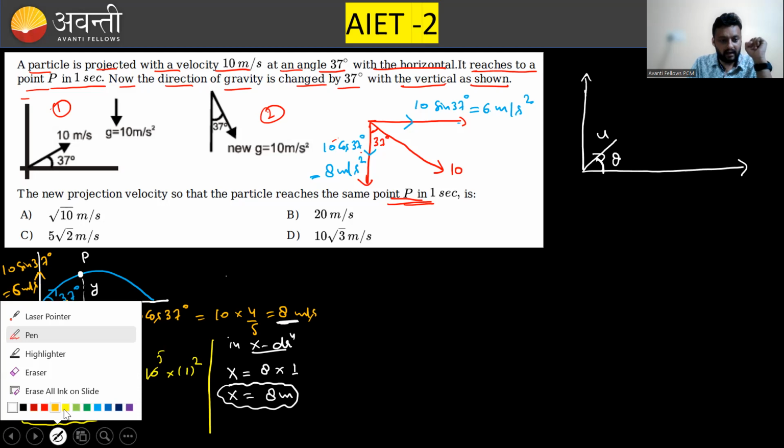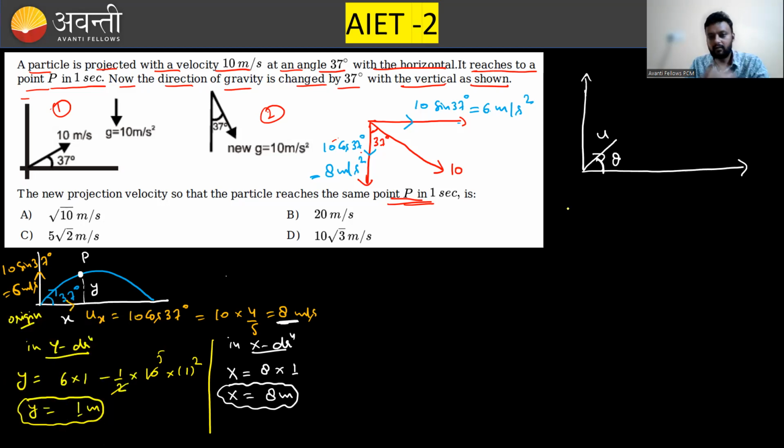Again, I am applying it in y and in x direction. The components of velocity are u cos theta and u sine theta.